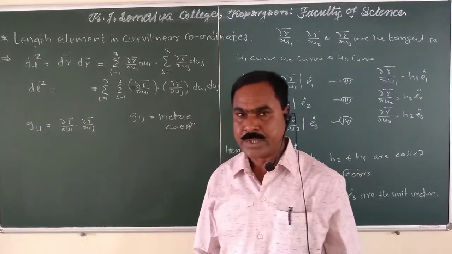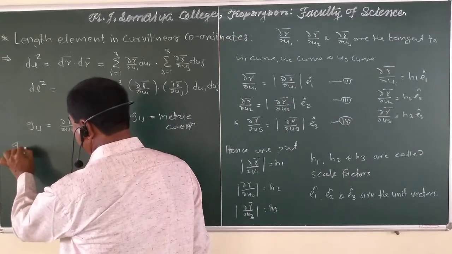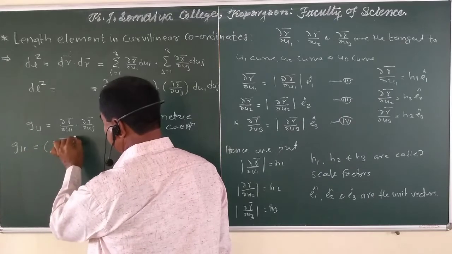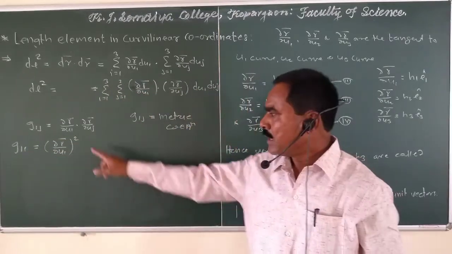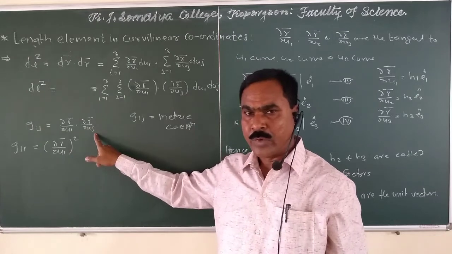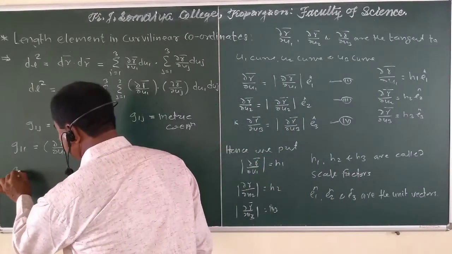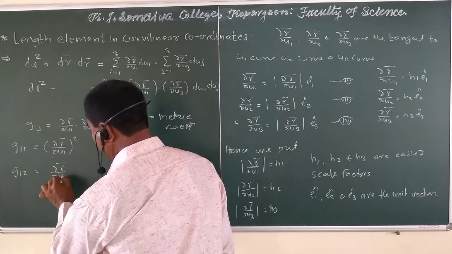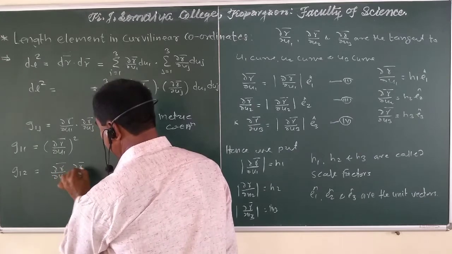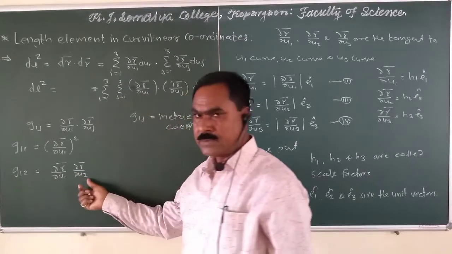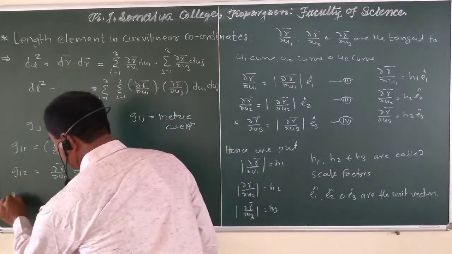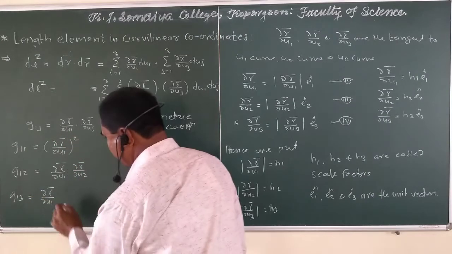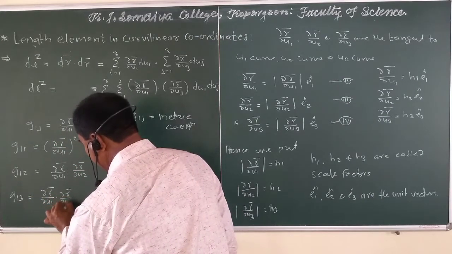So right here g11 equals (∂r/∂u1) squared, by putting i equal to 1 and j equal to 1. Similarly, we write g12 equal to ∂r/∂u1 · ∂r/∂u2. Okay. Then g13 equal to ∂r/∂u1 · ∂r/∂u3.